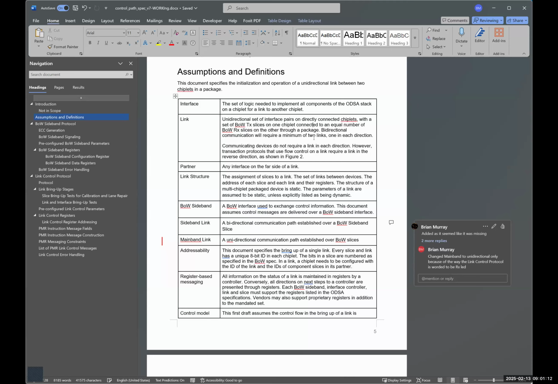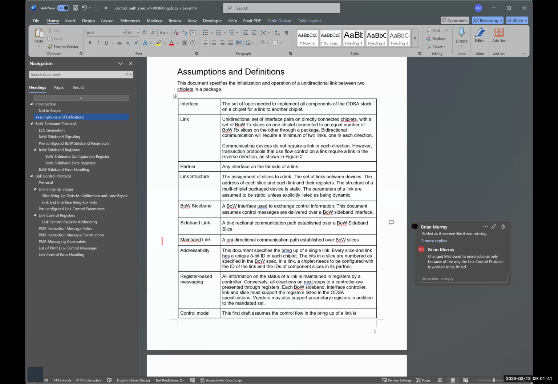But to Ram's question, we have multiple link layers for a given set of slices, right? Let's say we have an 8 slice PHY, one monolithic physical set of 8 slices that implement a single PHY.